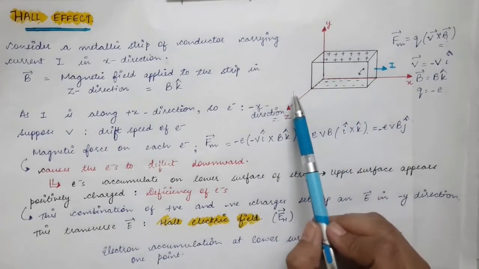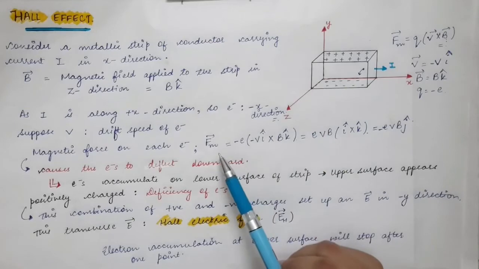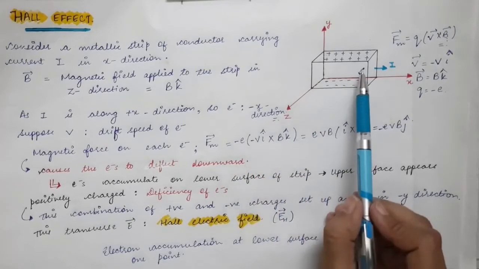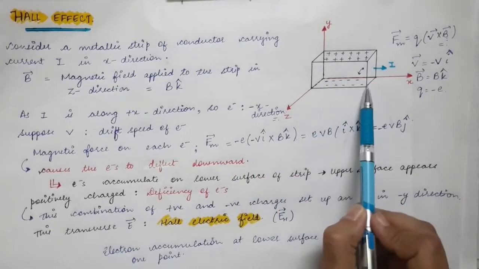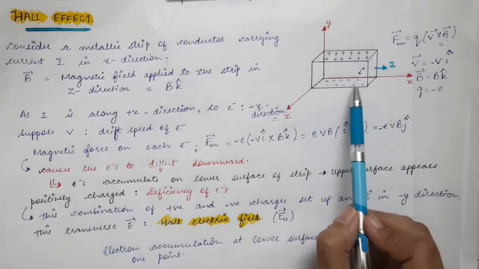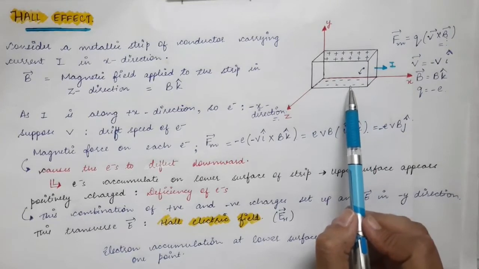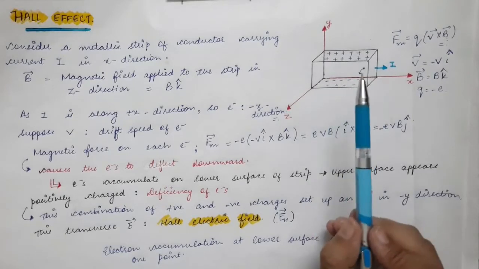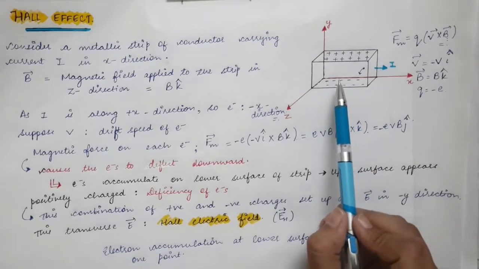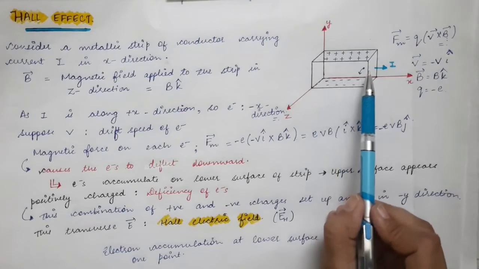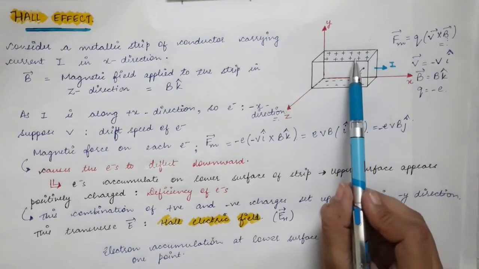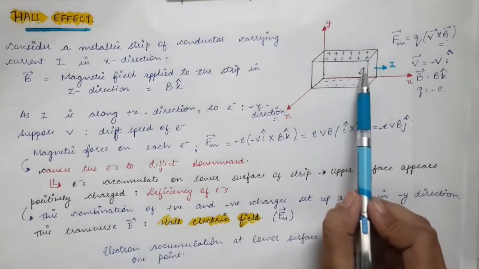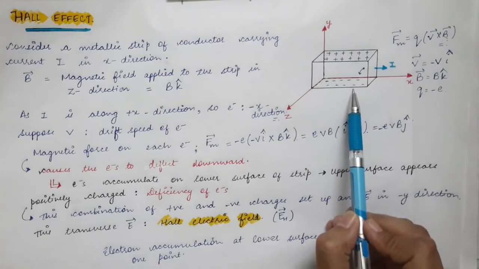When you just apply the magnetic field, the magnetic force is greater as compared to the force due to the electric field which is set up. But with time, the electrons are getting accumulated and the electric field is increasing, so the electric force will also increase with time. And one point will be reached when the electric force will just cancel the effect of the magnetic force.